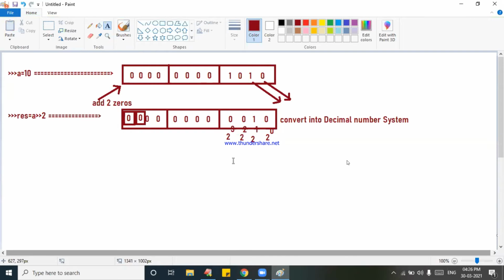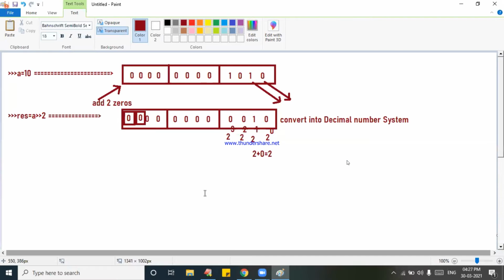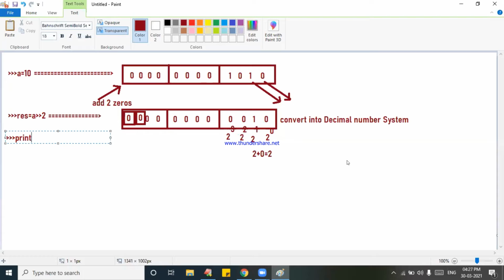What is the output, ma'am? 0 into 2 cube, 0. 0 into 2 square, 0. 1 into 2 to the power of 1, 2. 2 plus 0 into 2 to the power of 0 is 0. That is equal to, the answer is what? 2. So System.out.print of res is equal to, the answer is 2.